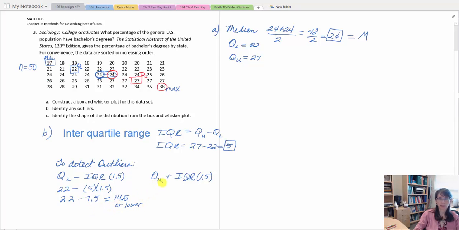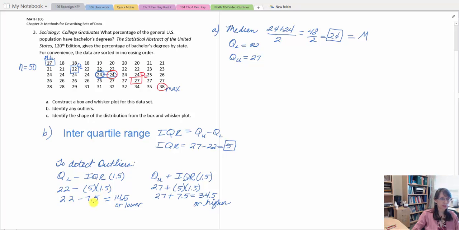And now let's look at the other side of the median. The upper quartile is 27 plus 5 times 1.5. So that means 27 plus 7.5. And that's going to equal 34.5. So any measurement that is 34.5 or higher will be considered an outlier.